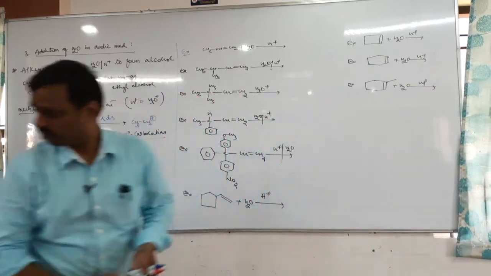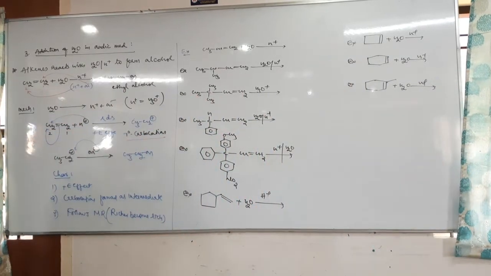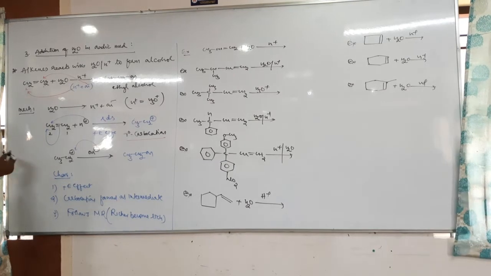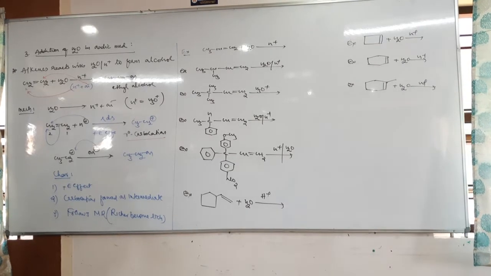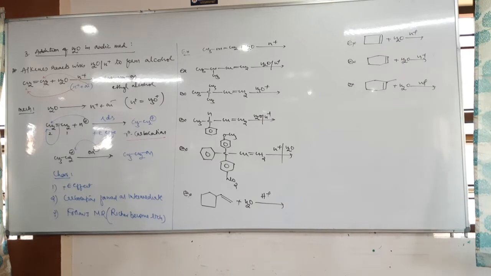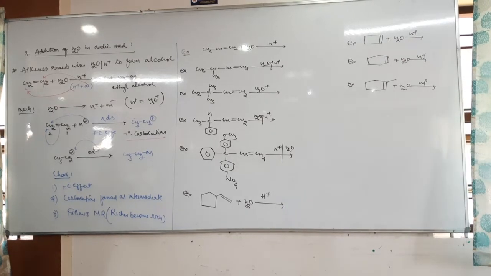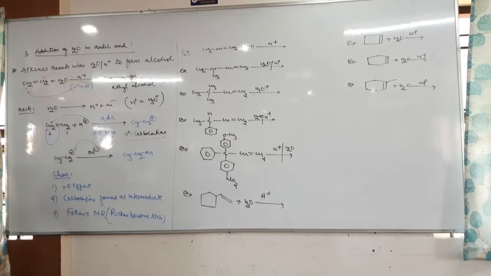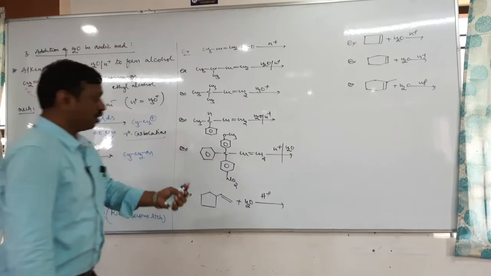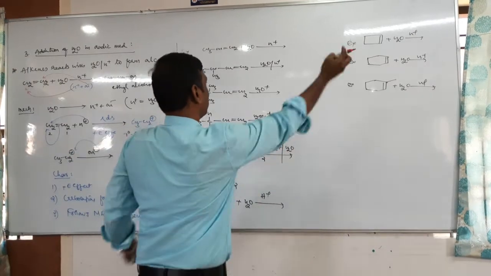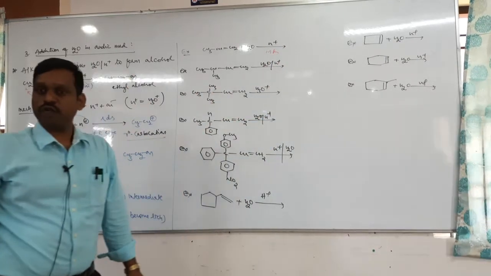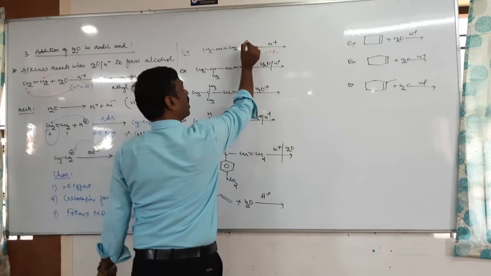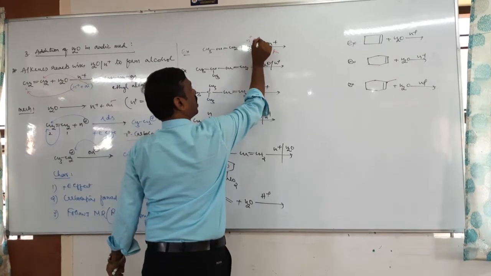Come on, write the product. So the first example is according to the Markovnikov rule, right? According to the Markovnikov rule, where should H+ be added and where should OH- be added?